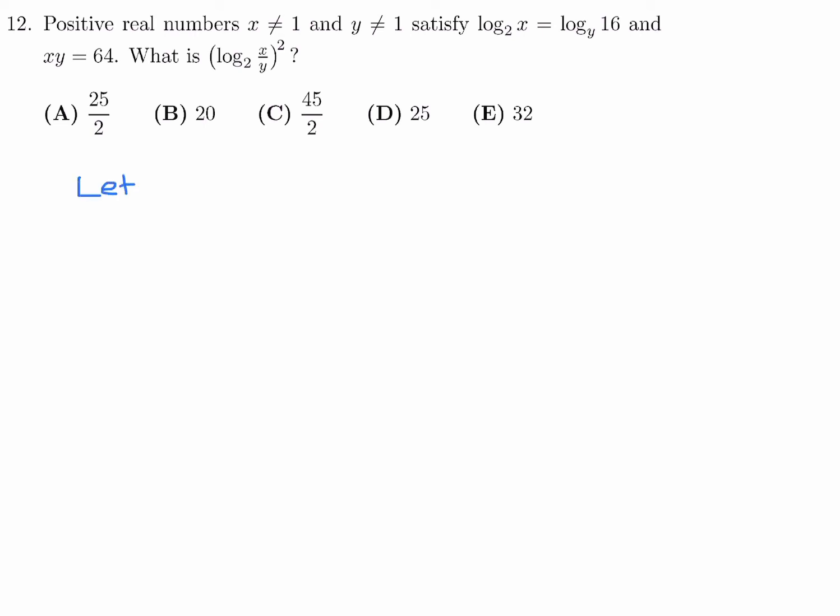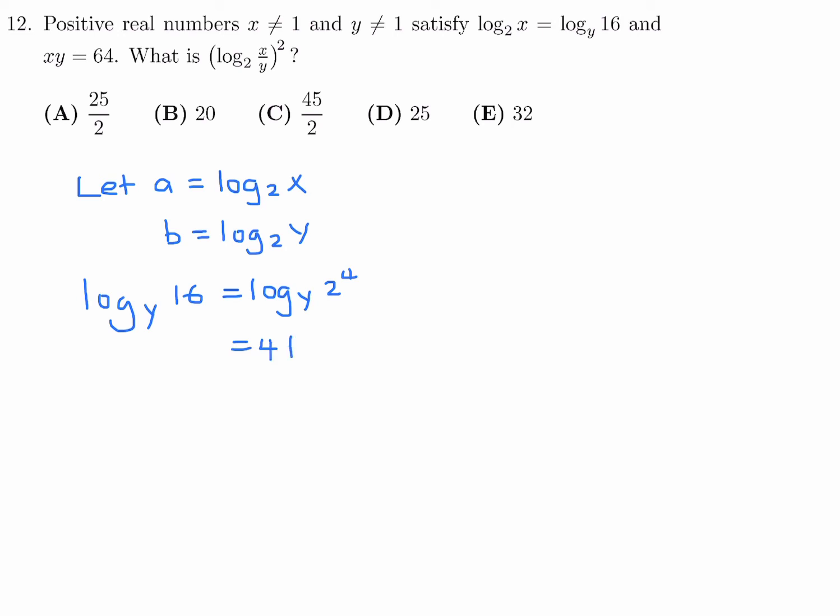Let's make things a little simpler. Let a be log of x to the base 2, and let b be log of y to the base 2. With those substitutions, the log of 16 to the base y is the log of 2 to the power of 4 to the base y.